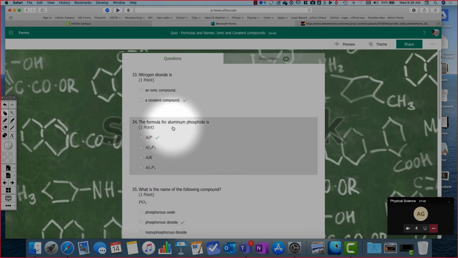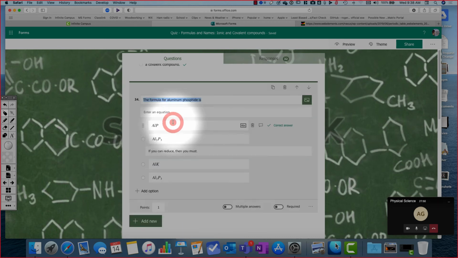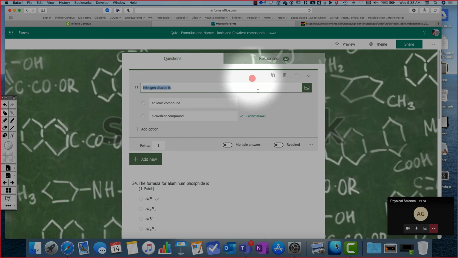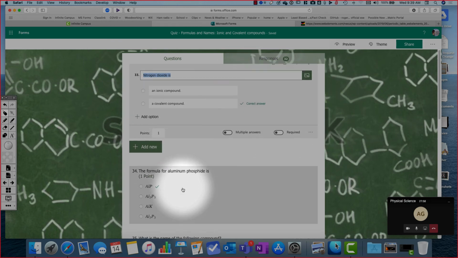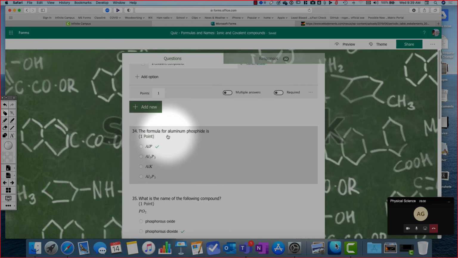The formula for aluminum phosphide. So here I didn't tell you if it's ionic or covalent, so you have to figure out which rules to use for formulas. Aluminum is a metal, phosphide is a nonmetal, so this is metal to nonmetal, which is ionic.